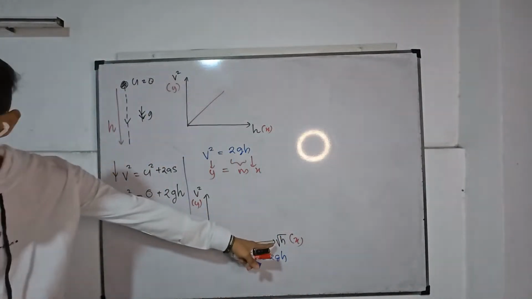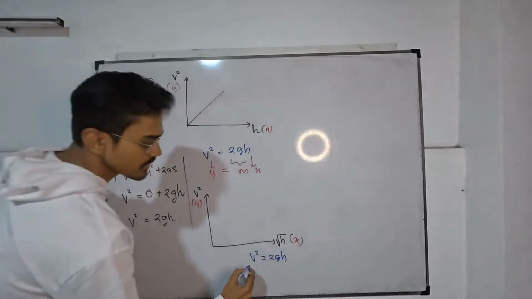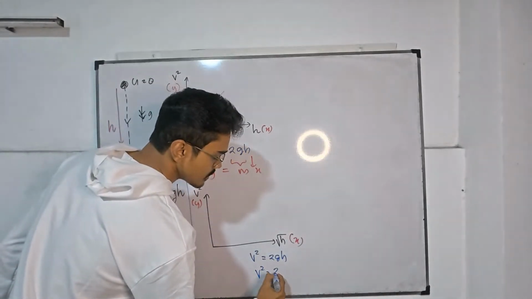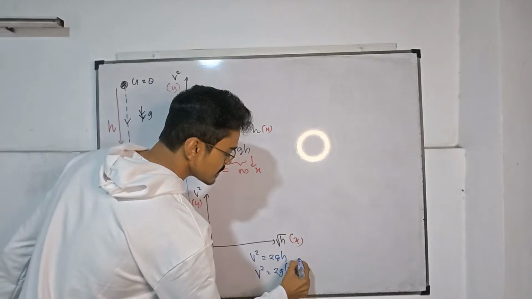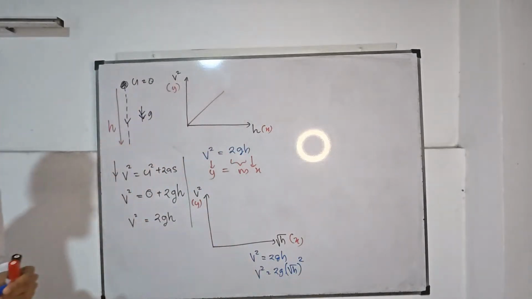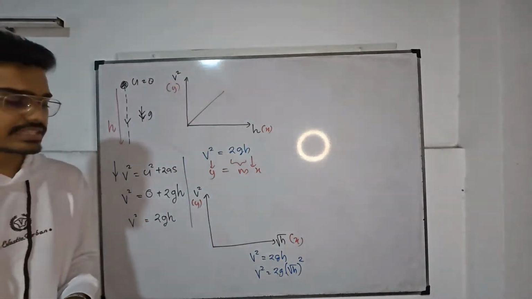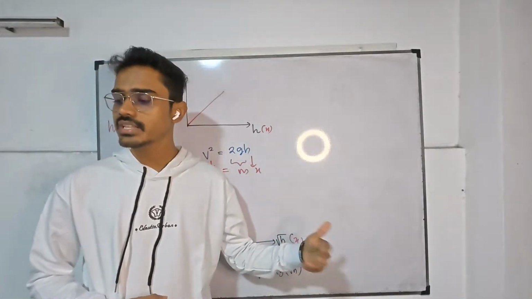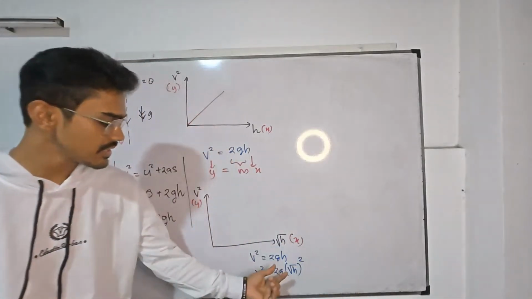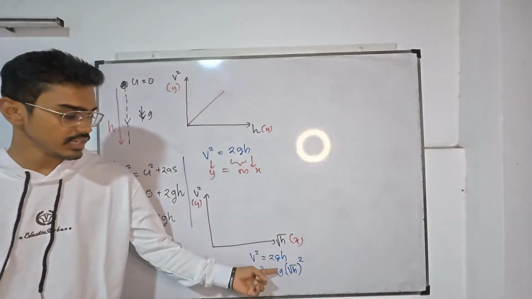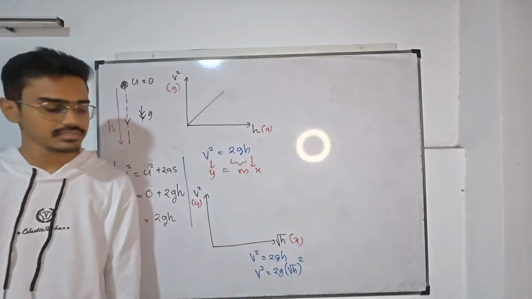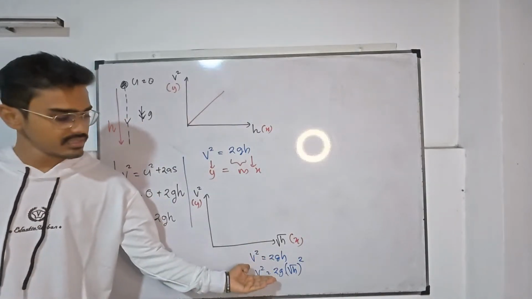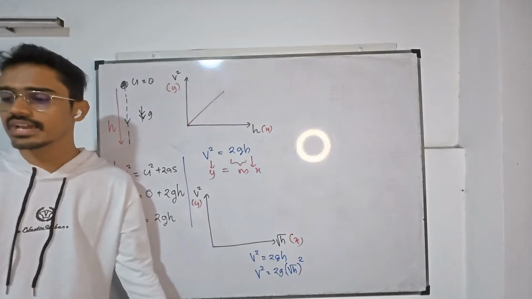Now I need root h, so we can create root h like this. 2g times root h squared. No problem, I change the shape without harming the equation. V squared equals 2g root h squared. If you simplify this line, the original line comes.